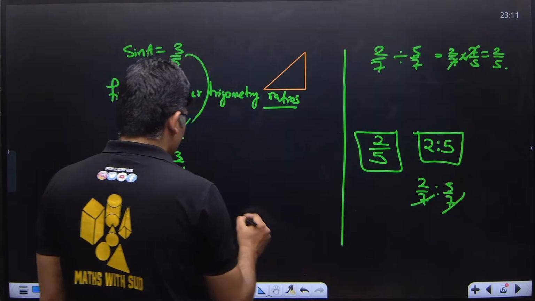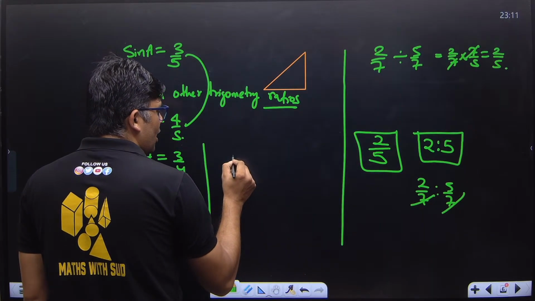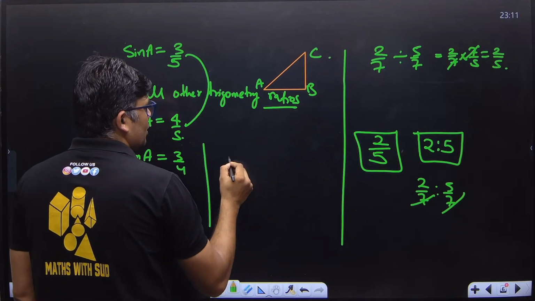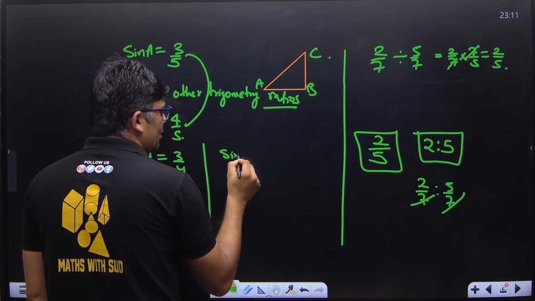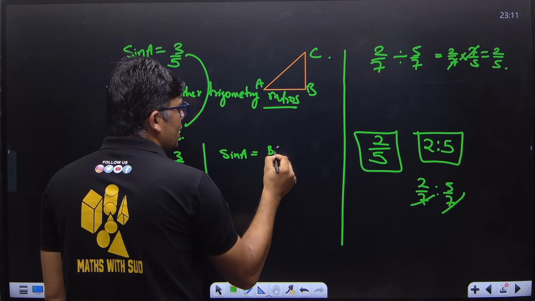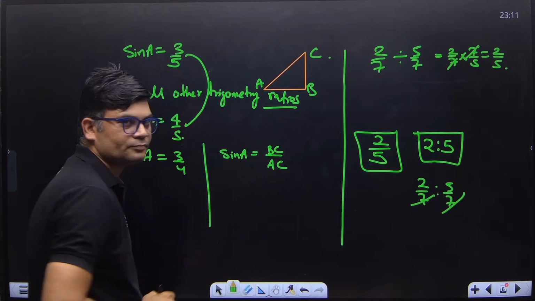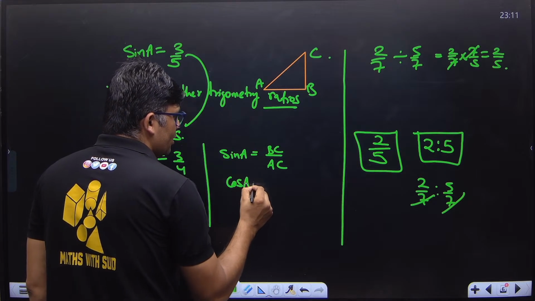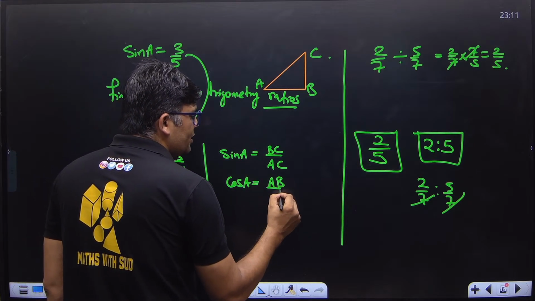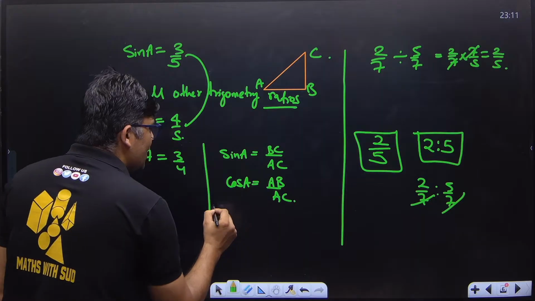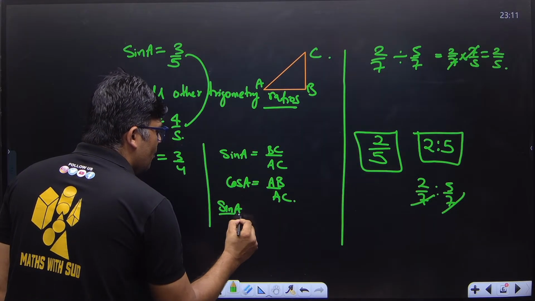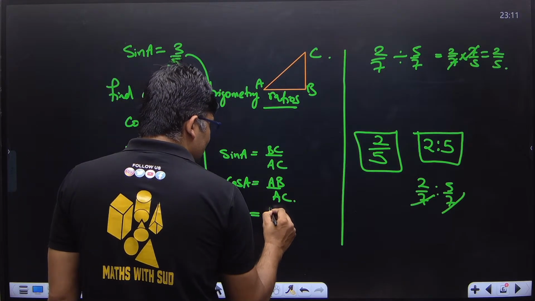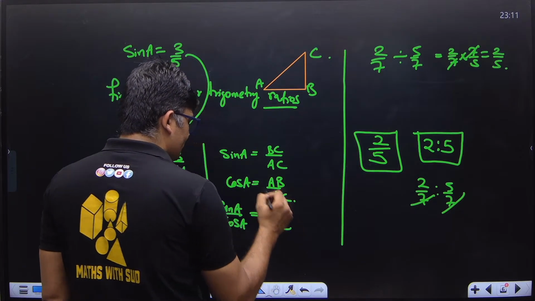Now see this. Suppose this is A, this is B, this is C. Now suppose that sine A is BC upon AC. Cos A is AB upon AC. If I ask you what is sine A upon cos A, you will say, sir, sine A is BC upon AC.